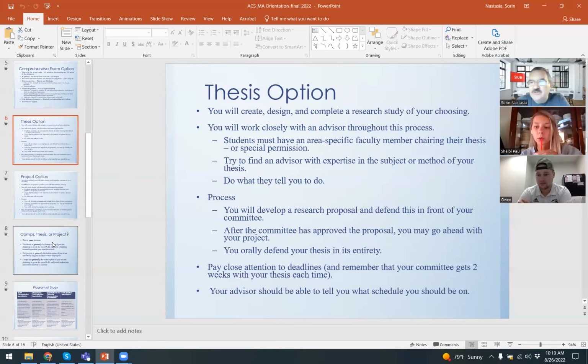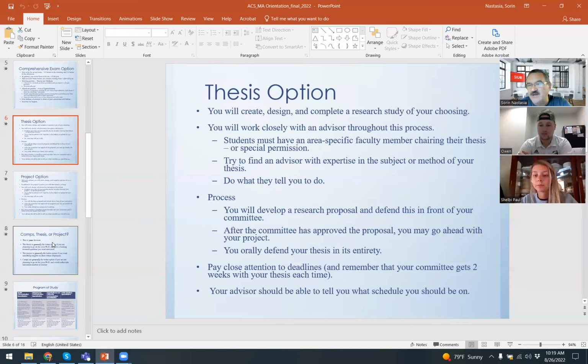But remember that if you choose a thesis or project in the third semester, in the fall of the second year, you will have to choose taking credits for thesis or project. And by that time, you already have a committee in place, a chair of your committee, and you advise with them from the very beginning how you should go about your thesis or your project.